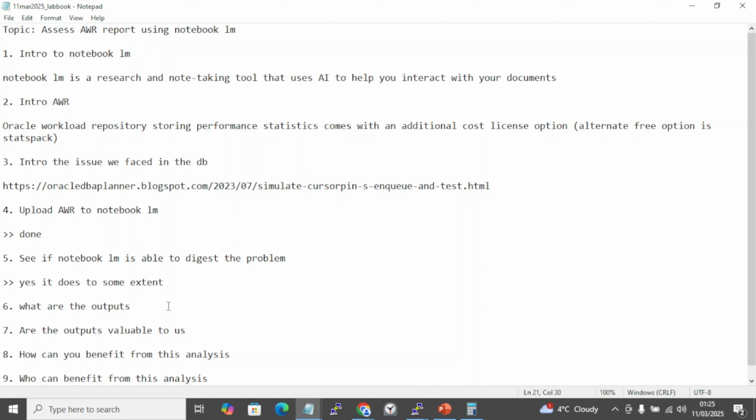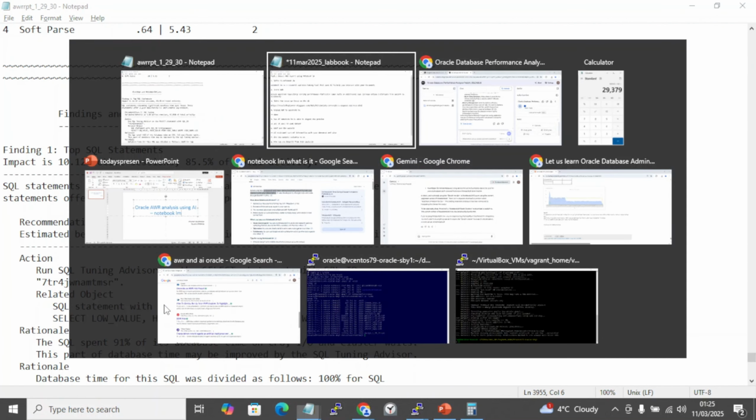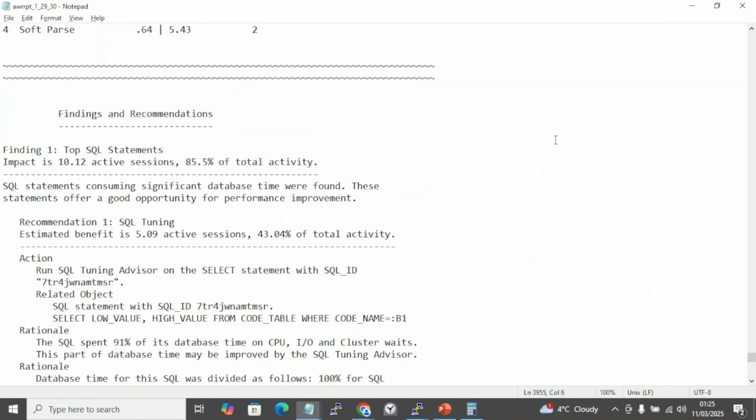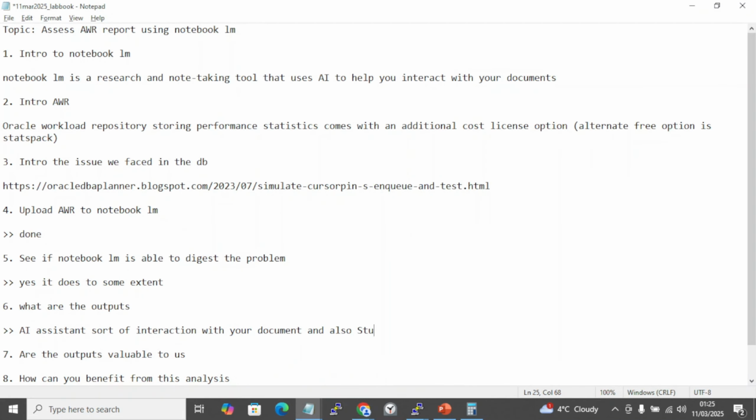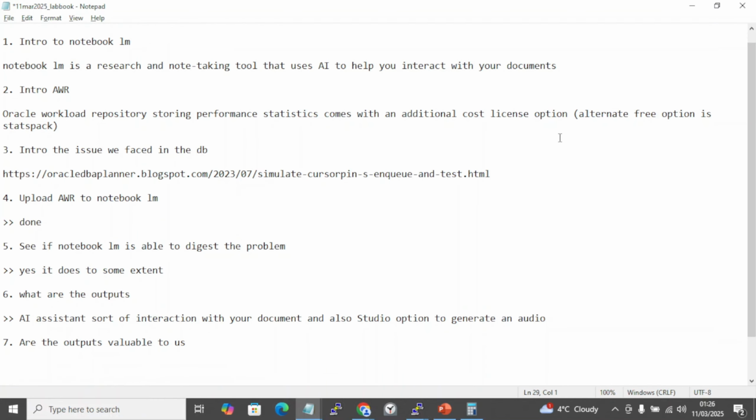Let's see if we achieve the agenda. What are the outputs you get? An assistant sort of interaction with your document, and also a studio option to generate an audio. I'm going to upload this audio along with the video. What are the outputs?